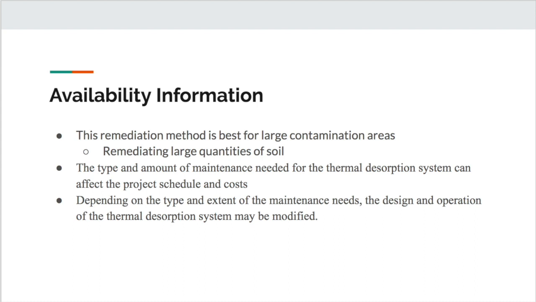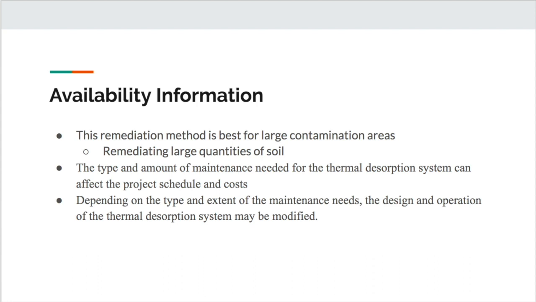So the availability information: this remediation method is best for large contamination areas, to remediate large quantities of soil. The type and amount of maintenance needed for the thermal desorption system can also affect the project schedule and cost. So if you're treating a larger quantity of soil, once again, the cost goes down.